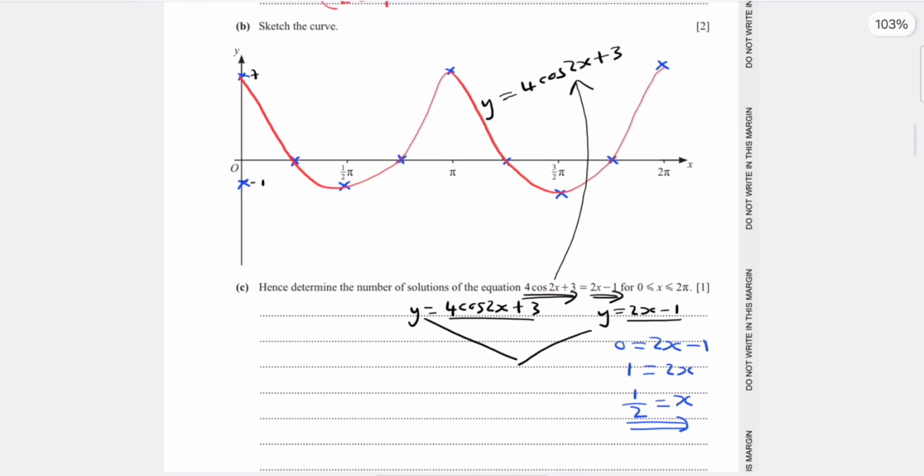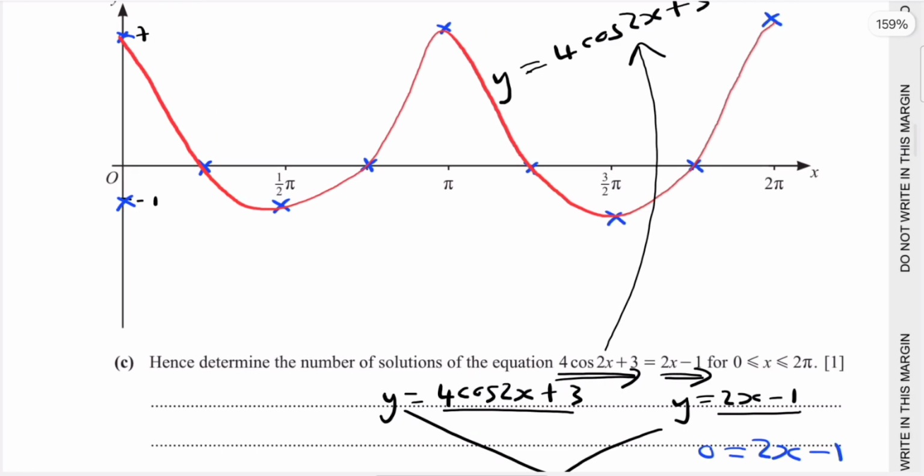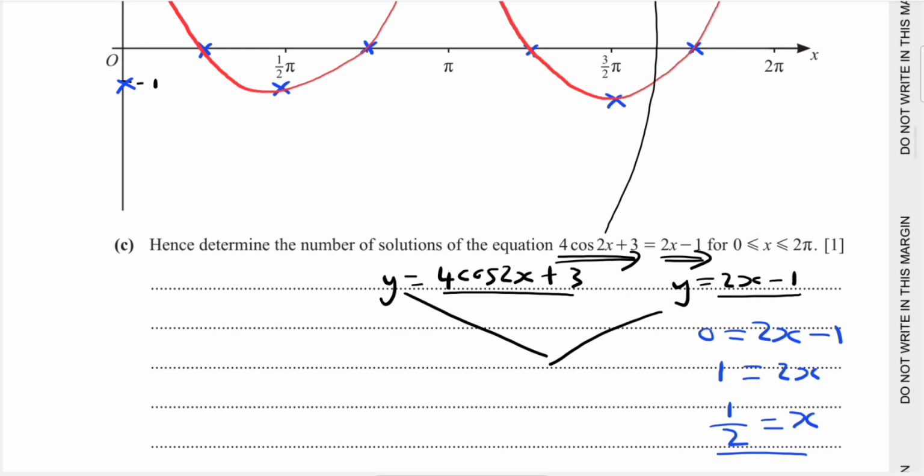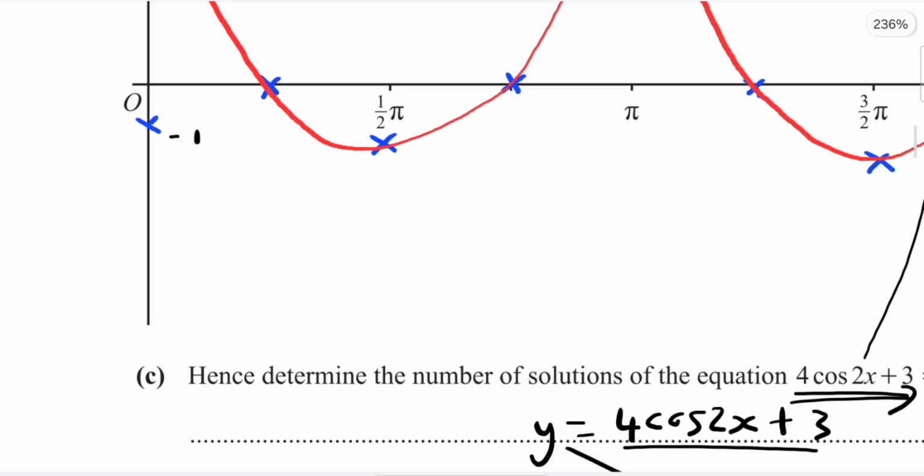So half is probably somewhere, let me see, a quarter pi, 1 over 4 pi, that's 0.78. So it's here, our -1, and our half is probably somewhere here, right?